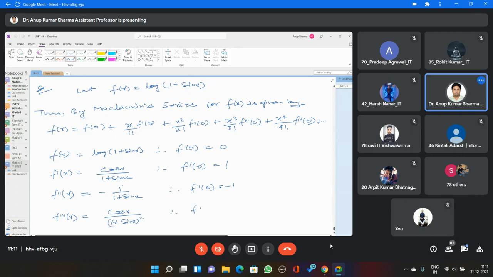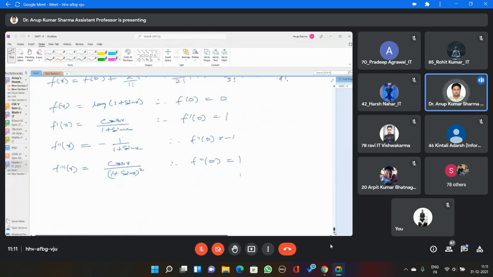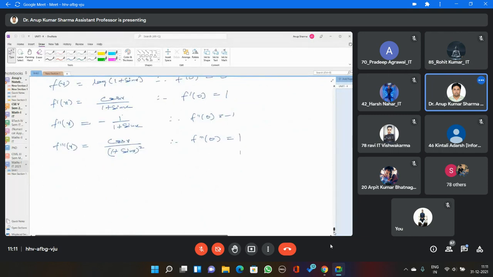Therefore, double dash of 0 is equal to 1. You see here the terms are 0, 1, minus 1. Similarly, for the fourth one, we will have some values. Therefore, this value is minus 2.